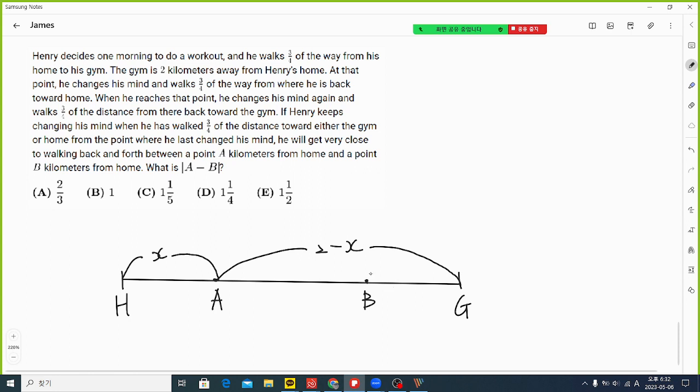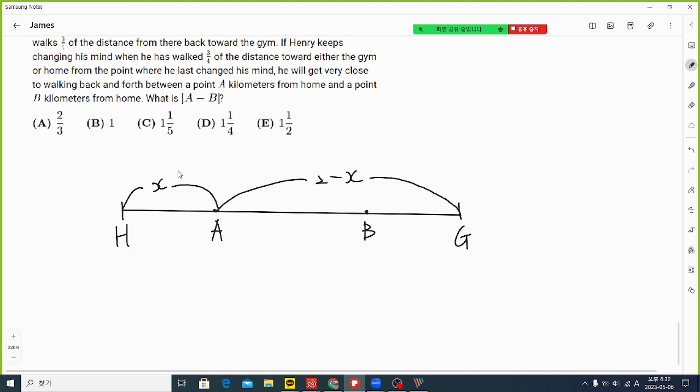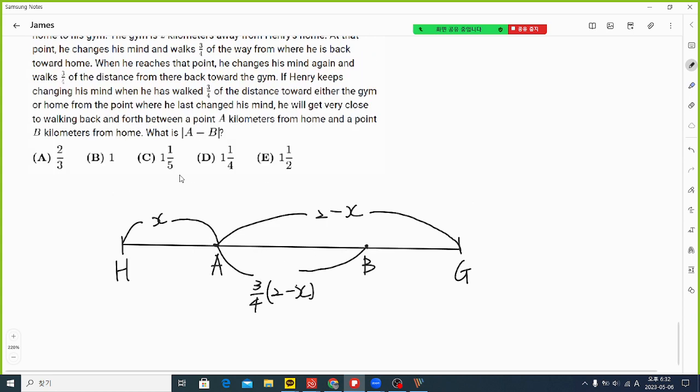So that means B is located with a ratio of 3 to 1 between A and G. So that means this length is 3/4 of the distance between A and G. And then A will also be located between H and B with a ratio of 1 to 3.